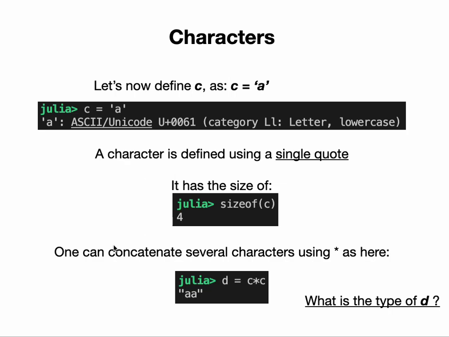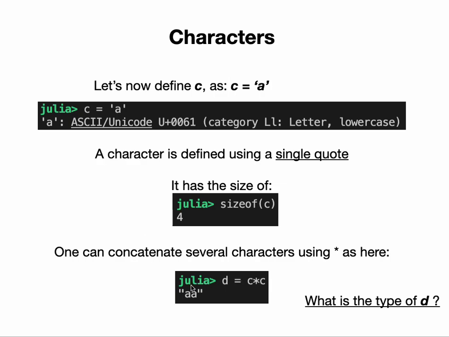One can concatenate several characters using the multiplication sign. If I make C times C and return it into the variable D, we will obtain "AA", because A is the value of the character contained in the variable C. Remember, C is equal to 'A', just to avoid confusion.